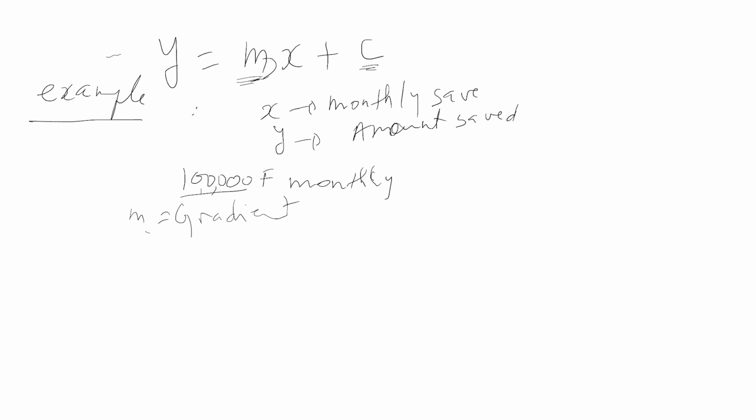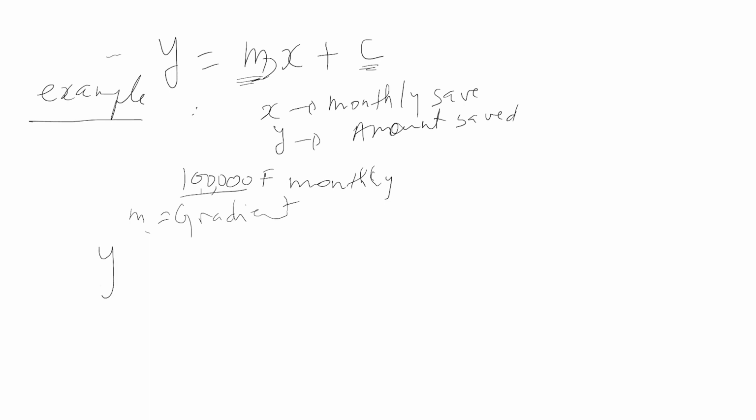Now, gradient, as you remember, is the change of y in terms of x. In our example, how much money can we save per unit of time? Here, per unit of time it is 100. So this m stands for the money that you can save per unit of time. Our time here is monthly, then we are able to save 100.